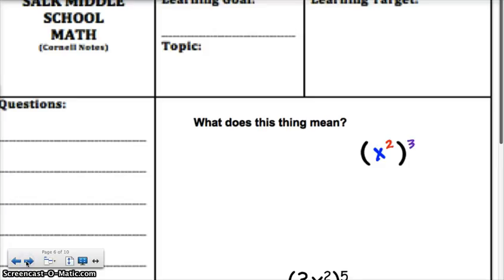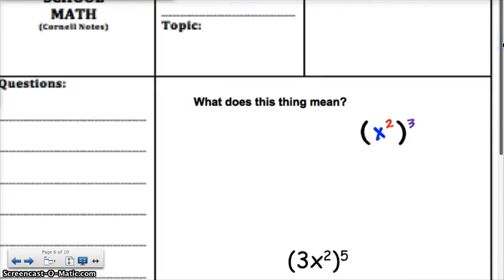Okay, we're going to formulate another rule. So we learned what? Adding exponents is product of powers. Now I want to say, what does this thing mean? X squared cubed.